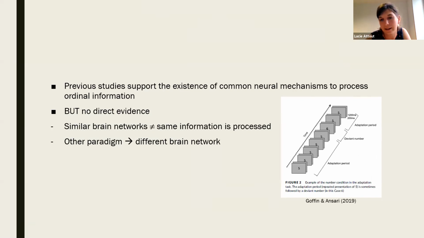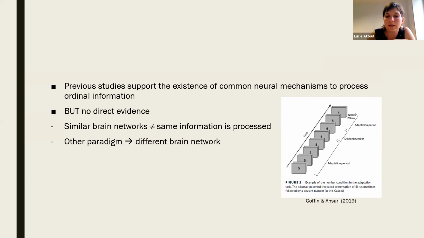First, showing activity in similar brain networks doesn't necessarily mean that the same information is processed in these networks across tasks and domains. For example, multivariate pattern analyses assessing the informational content of neural activity have led to contradictory evidence regarding the existence of domain general codes.